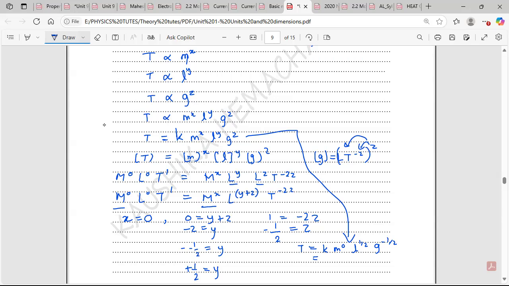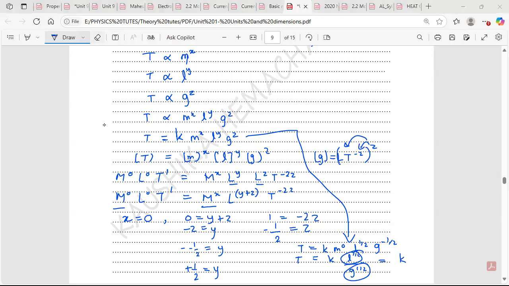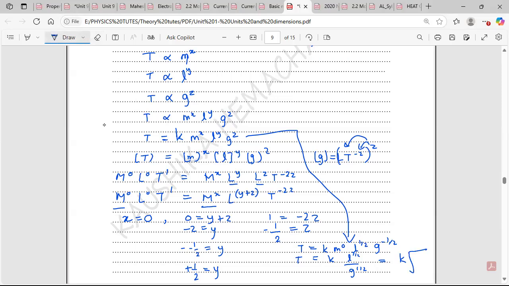So you can write k, m to the power 0 is 1, you don't need to write it. So t equals k, L to the power half over g to the power half. Again, you can write it as k, for both of them it's root, root of L, root of g. So k times root L over g. That is time period. The constant has no units here.